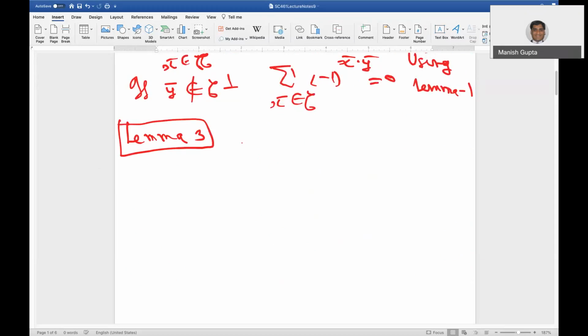Now this time, let x be a fixed vector in F2 to the n. Then, suppose Z is your indeterminate.